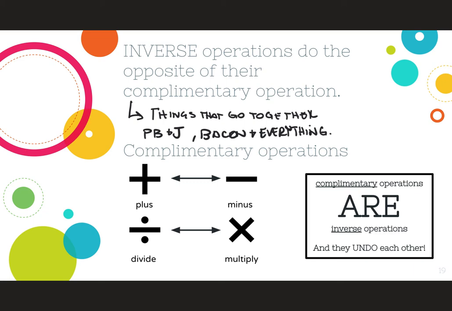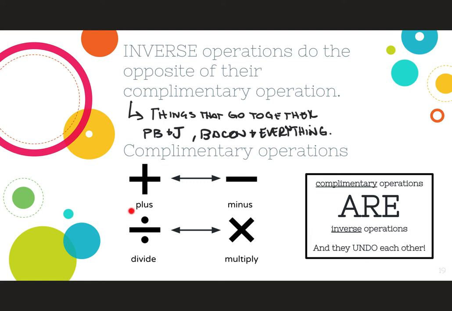So, for example, in math, plus and minus are a team. We talk about them often. Divide and multiply are a team. But because they are a team, they also are opposite. It's kind of like opposites attract, if that makes sense.